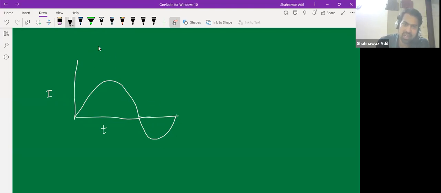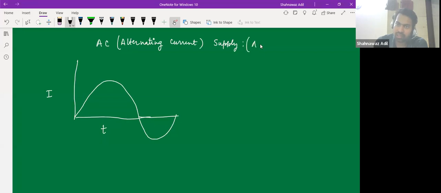These types of current are called alternating current, right? And where do you get these kinds of currents? You get these currents from AC generators or dynamo or generators.